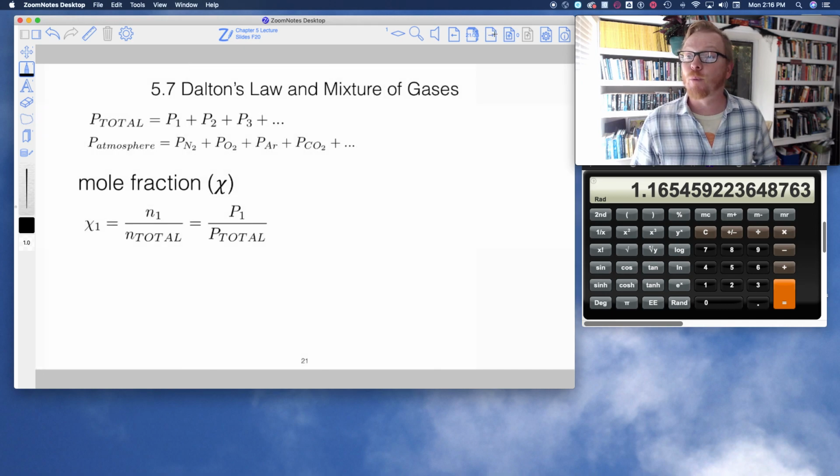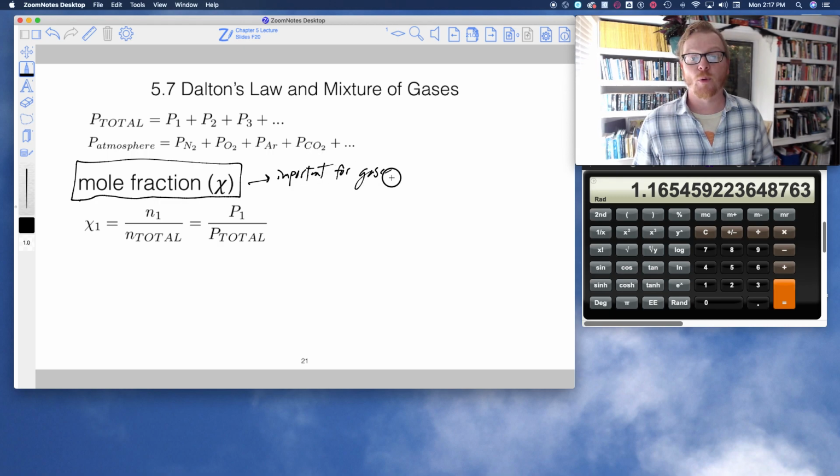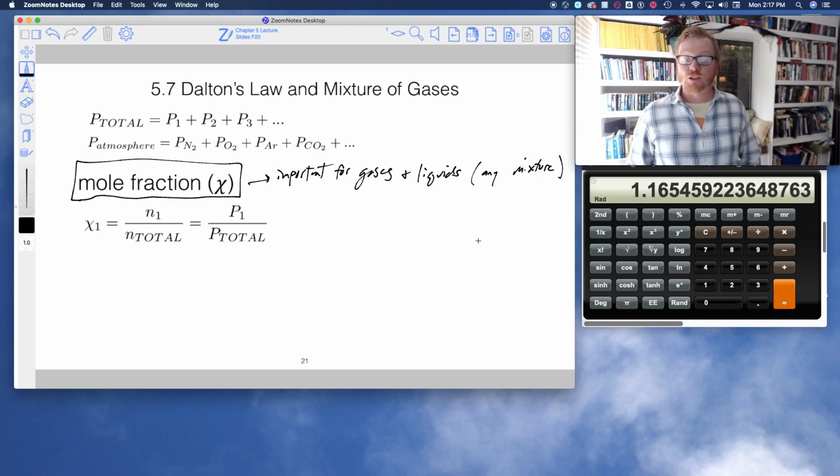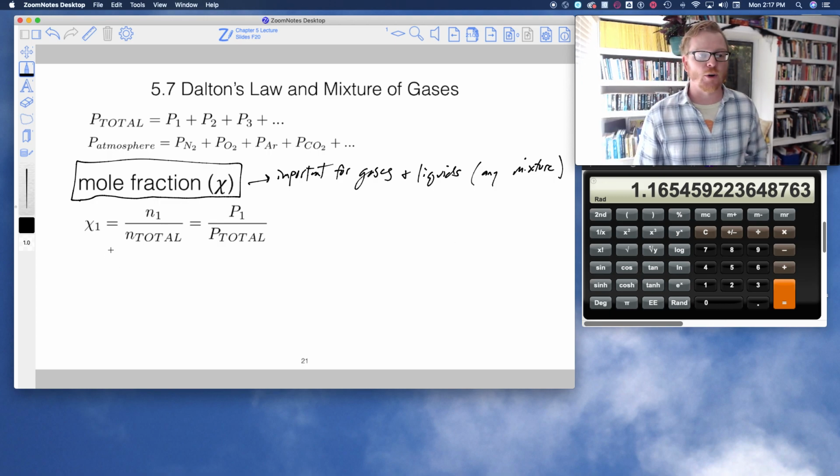And so there becomes a really easy way to use these numbers in calculations. And that's called the mole fraction. Okay, and I want to note that mole fraction is not only important for gases, it's also important for liquids, or really any mixture. Okay? So mole fraction gets the Greek letter chi.